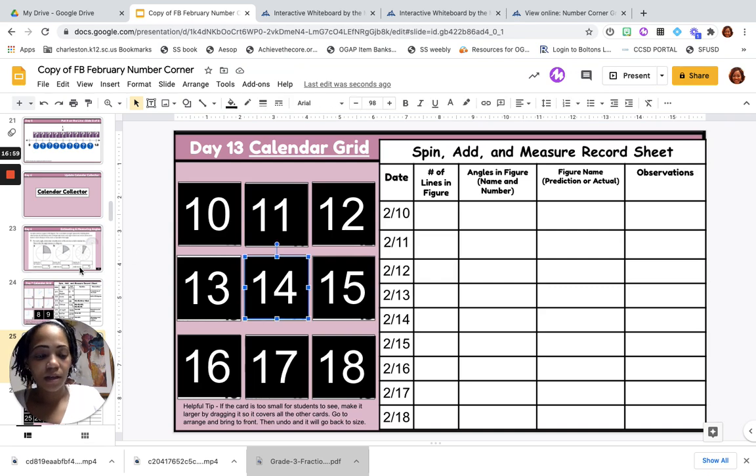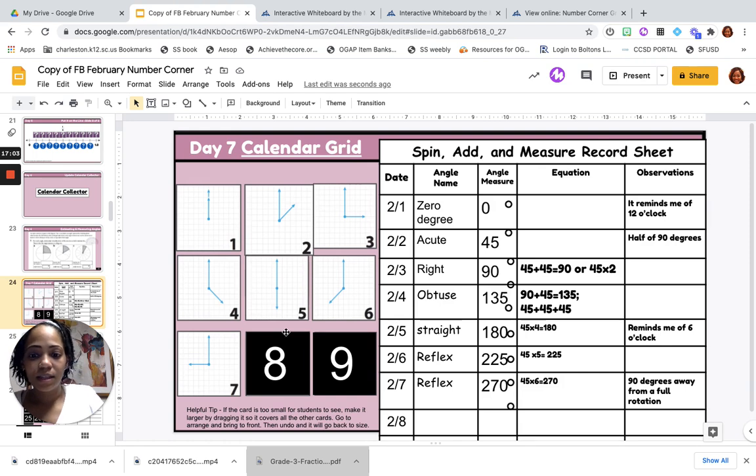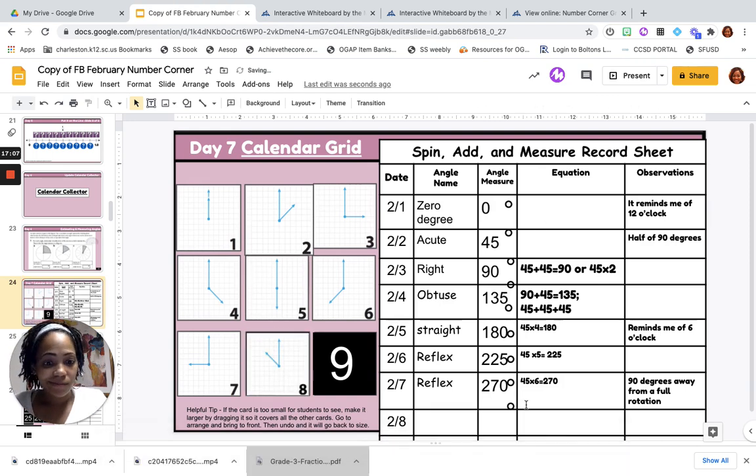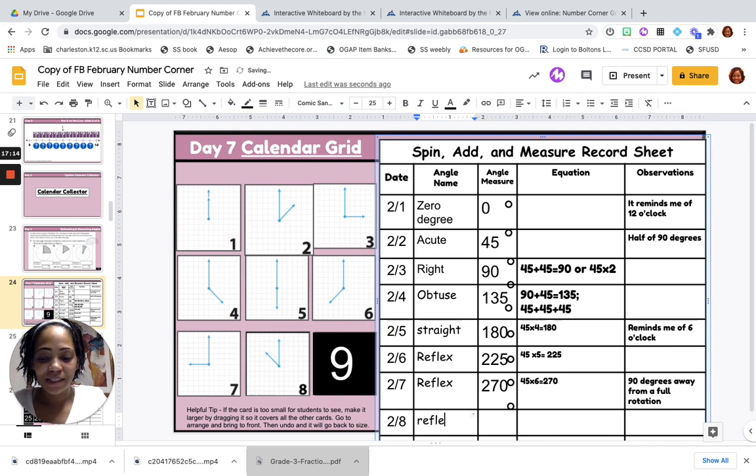Uh-oh. Let's try that again. Let's look at the 8th. We're getting closer to a full rotation, right? So we have another reflex angle, and that reflex angle is 270 degrees plus, what's our pattern here this month so far at least?